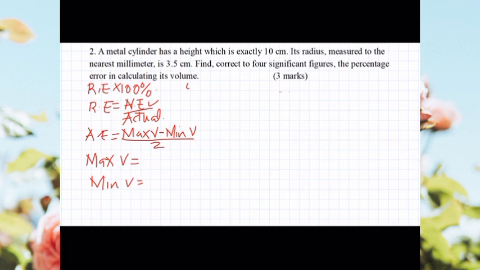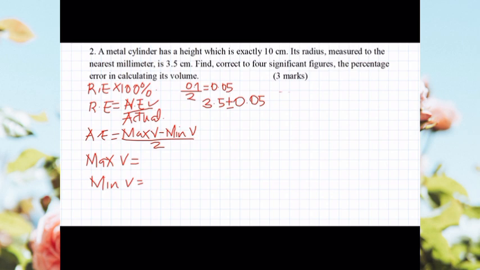And so to get the absolute error in the instrument, we take 0.1, we divide by 2, so that we find that the absolute error in the instrument was 0.05. So this measurement 3.5 is plus or minus 0.05. So this means the maximum we add, the minimum we subtract.